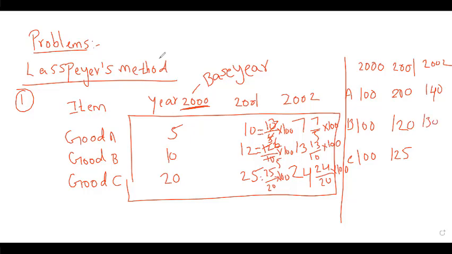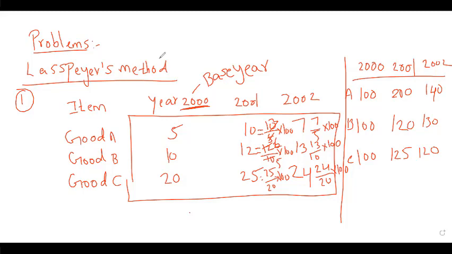Then 24 by 20 into 100? 120. So these are all the index number values I have got.